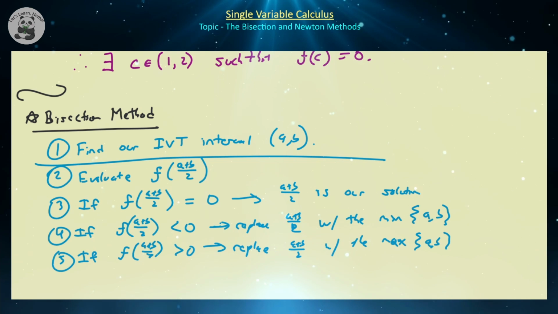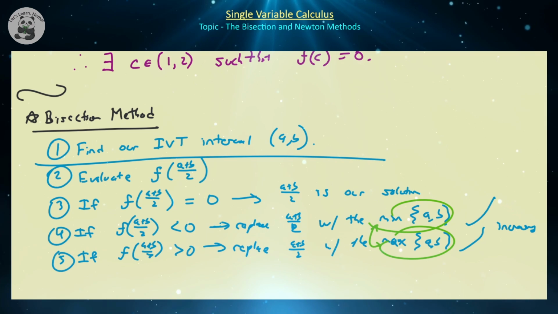Because keep in mind, for A and B, we're going to have a lesser and a greater one, right? Now, keep in mind, we are only associating these for an increasing function. If it happens to be a decreasing function, you're going to swap these particular numbers, right?